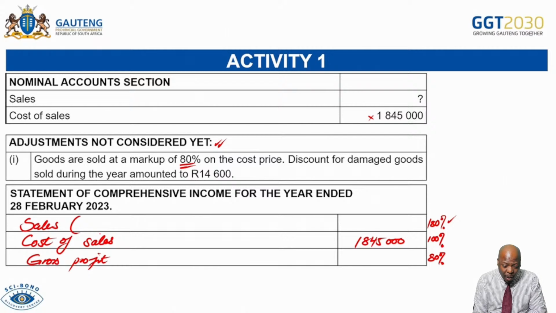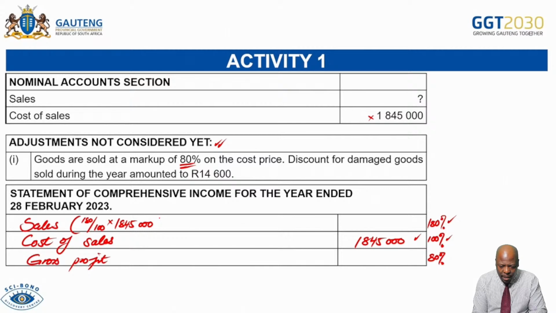That is what I want. So I want 180, and I must have two values. So I have the 1,845,000 and the 100%. That is what I have. So I have 100 and I multiply that by my 1,845,000 like that.